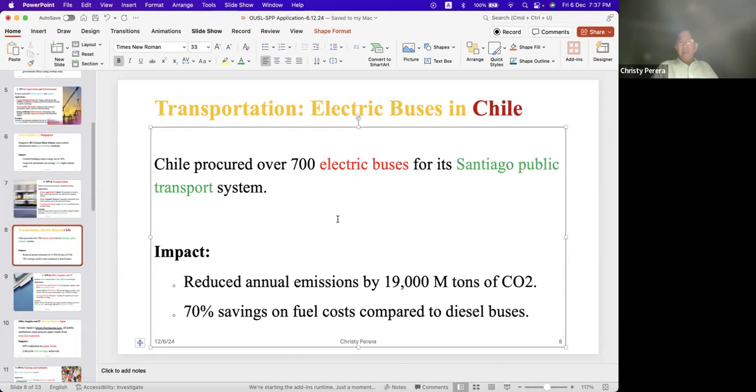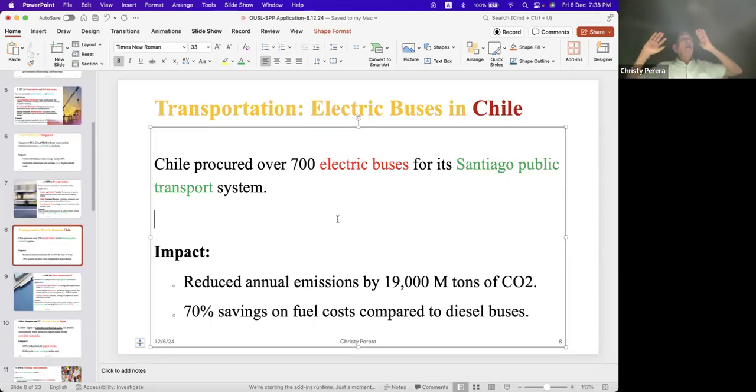A lot of countries have their own transport systems. They use 700 electric buses. So the impact is reducing annual emissions by 19,000 metric tons of carbon dioxide, a massive amount, and 70% savings on fuel cost compared to diesel buses.